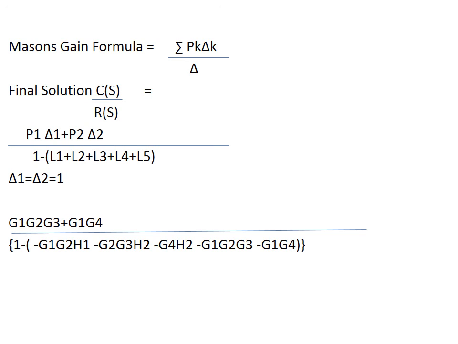As delta 1 and delta 2 are 1, we have G1, G2, G3 plus G1, G4 divided by 1 minus minus G1, G2, H1 minus G2, G3, H2 minus G4, H2 minus G1, G2, G3 minus G1, G4. So here we obtain the transfer function using the signal flow graph method.